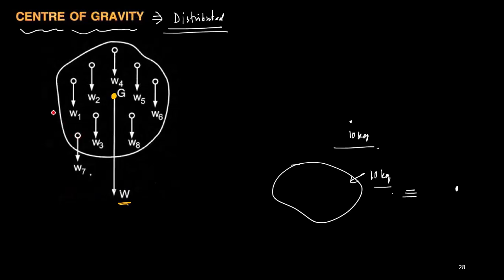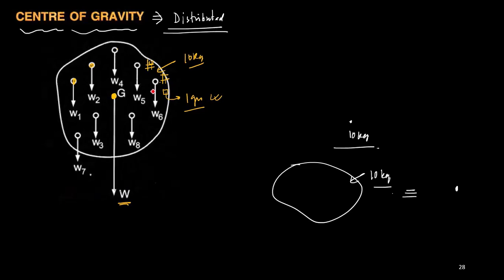Let us say the entire body's mass is 10 kg. You divide this mass into small parts of, let us say, 1 gram each. So you make 1,000 pieces of this entire mass, and each piece behaves as a simple point mass.